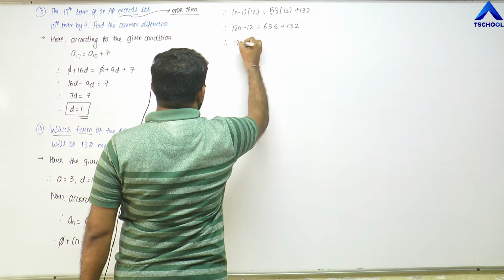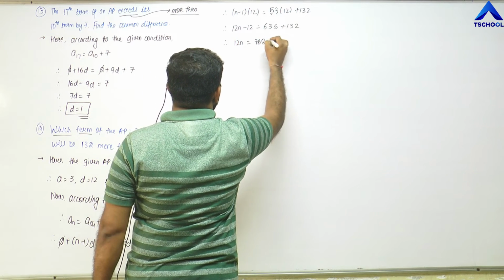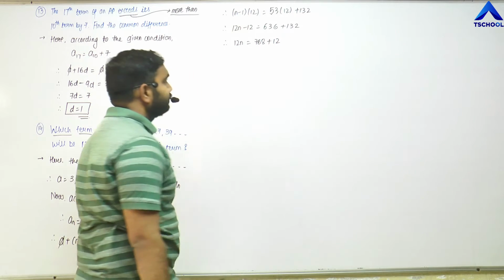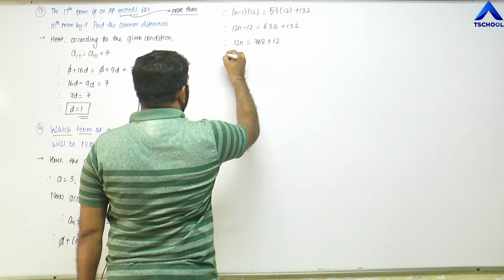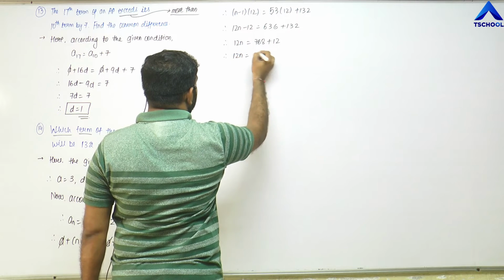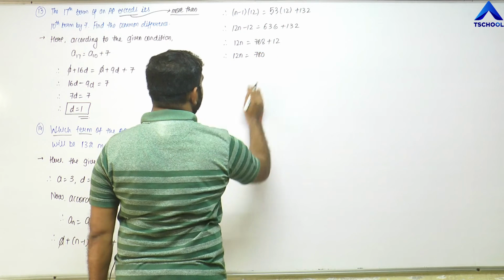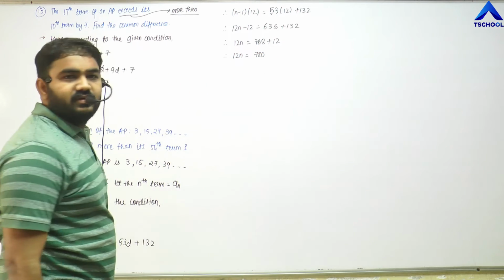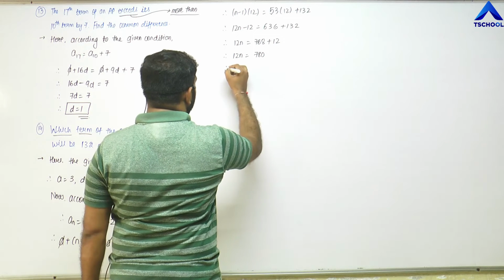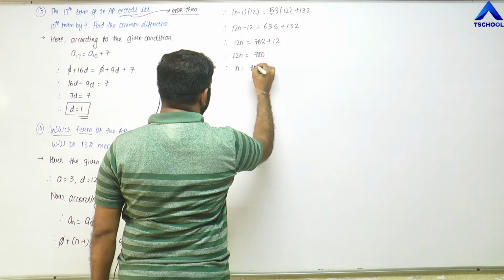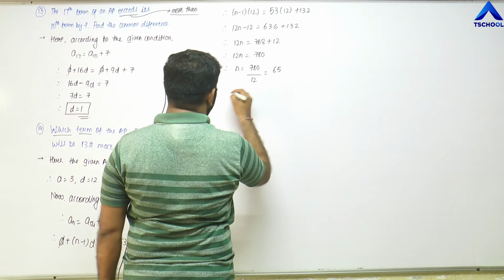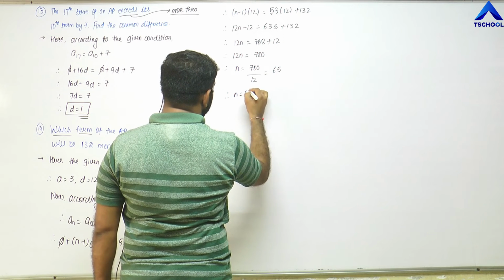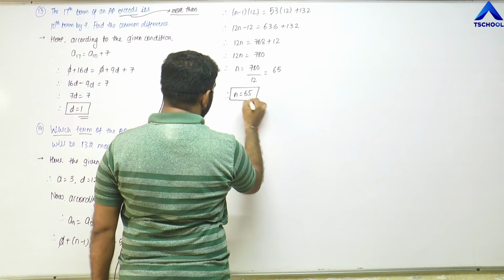Therefore 12n is equal to 768 plus 12, and we can add that, 12n is equal to 780. Yes or no? Okay. Therefore n is equal to 780 upon 12, that is 65. Hence n is equal to 65, right?